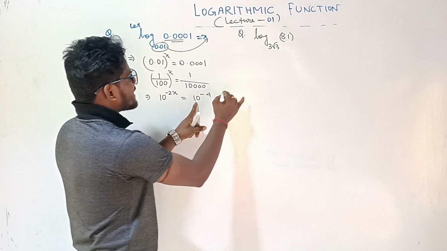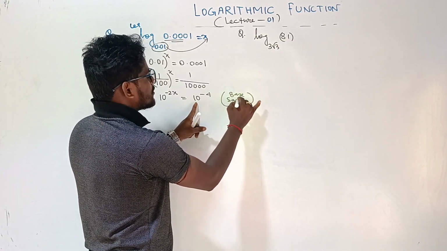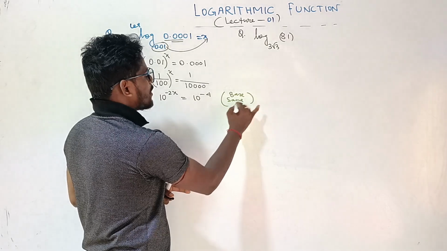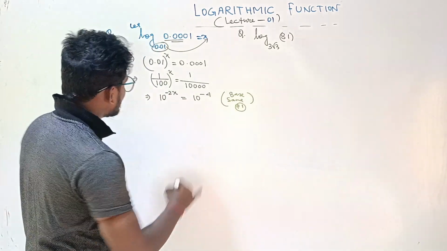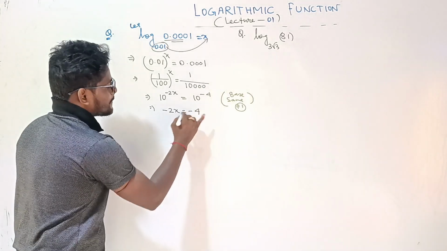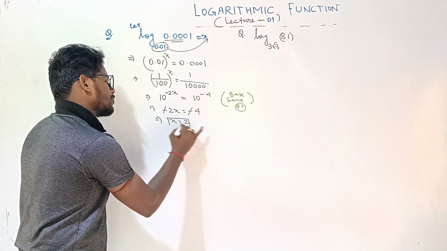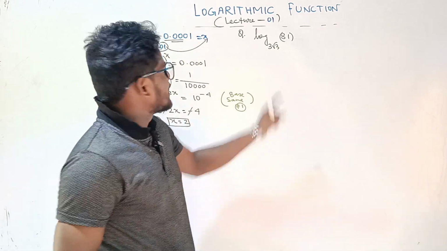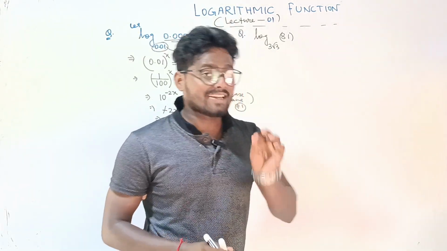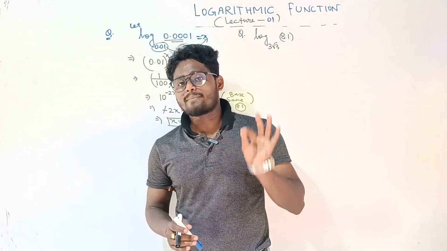Now the bases are the same, and not equal to 1 also. So we can compare the powers, the exponents. So x is equal to 2 here. Hope you understood. You solve this question and please comment the answer. I'm sure that you can do it.